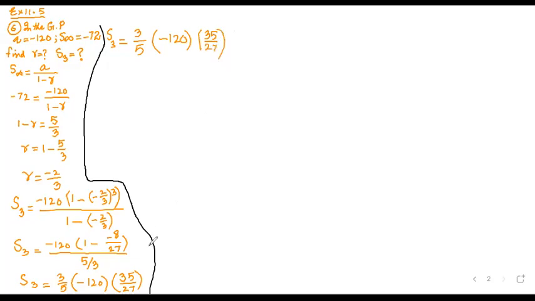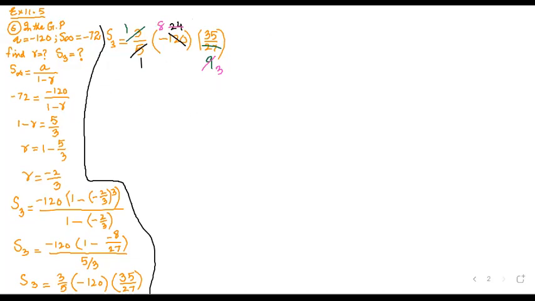Now cancelling these values, 5 ones are 5, 5 twos are 10, 5 fours are 20. And then we can cancel this 3 with this 27, and then 9 and 24 go with 3, 3 times 8.